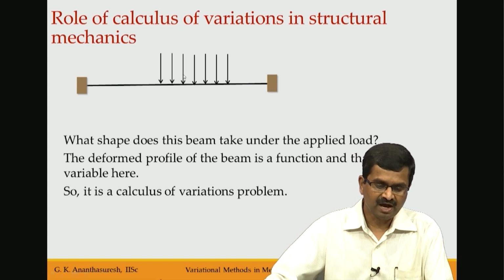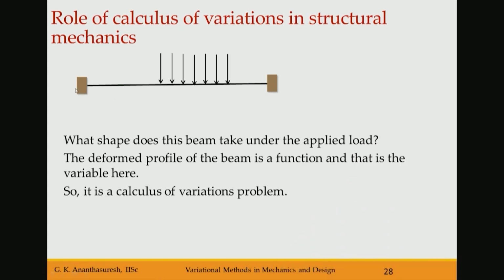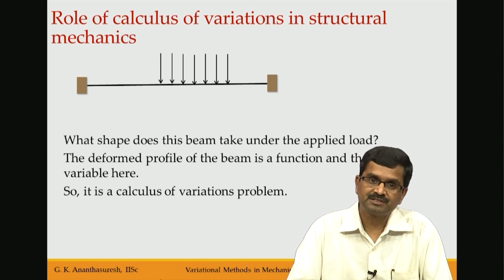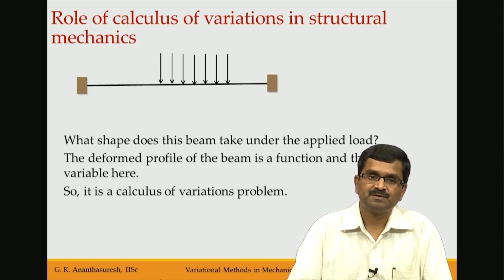Okay. Let us look at these variational methods in mechanics first. Okay. So, if you have a beam like this which is fixed on this side as well as on this side, there is some loading on it. It is going to deform and take a deformed shape. Okay. The beam has the freedom to deform to any shape, but it does deform to a particular shape because that particular shape minimizes the potential energy.